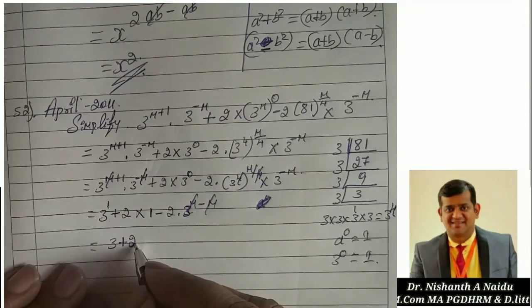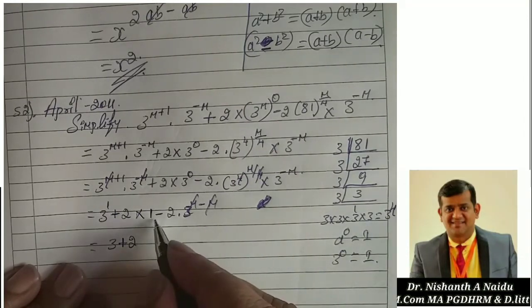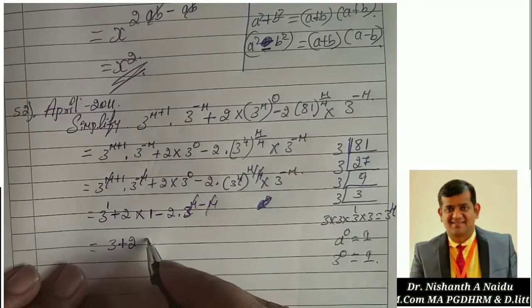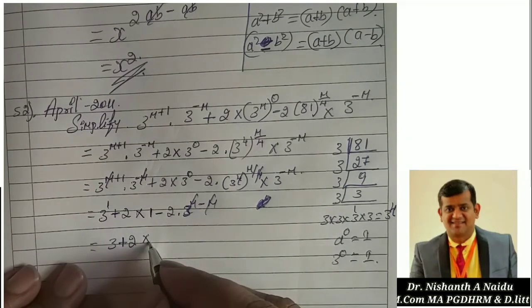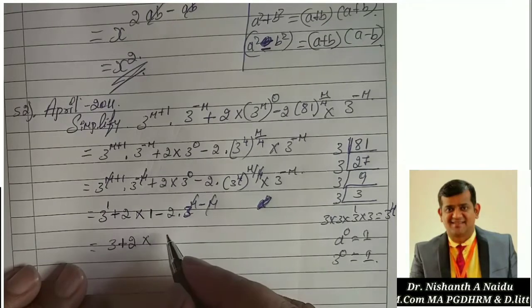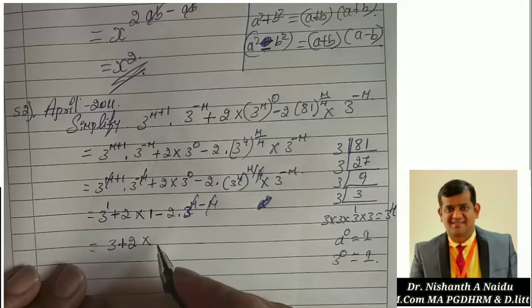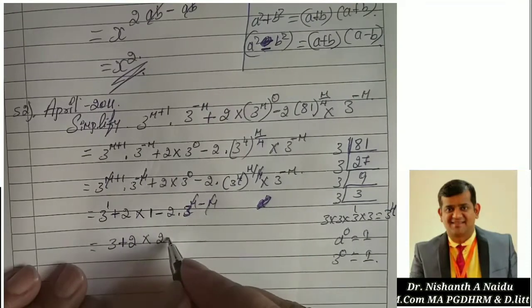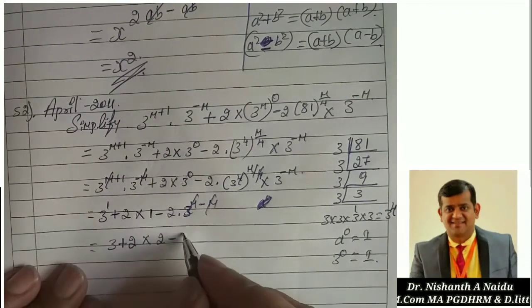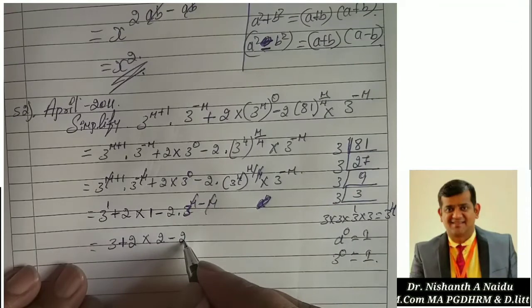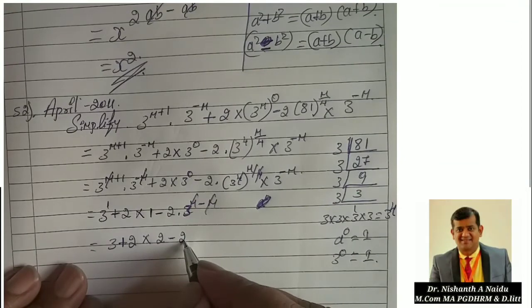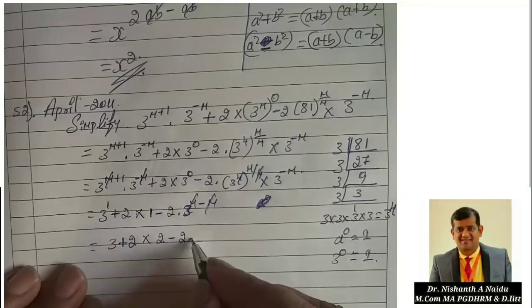3 plus 2 into 1, 2 ones are 2, minus 2, then minus 2 into 3.